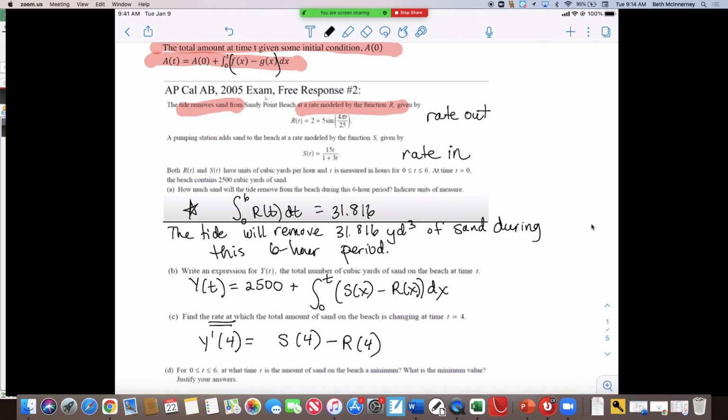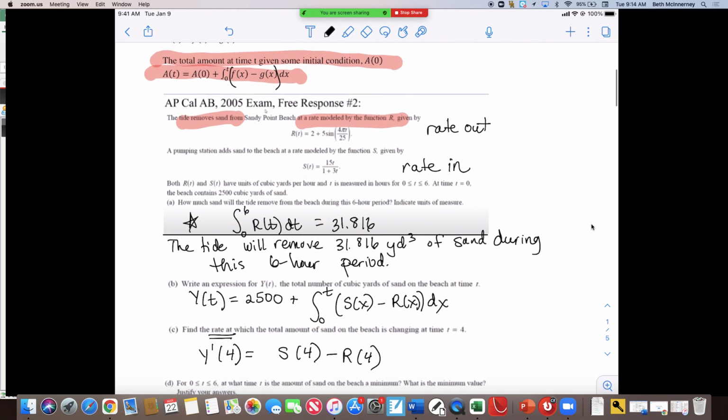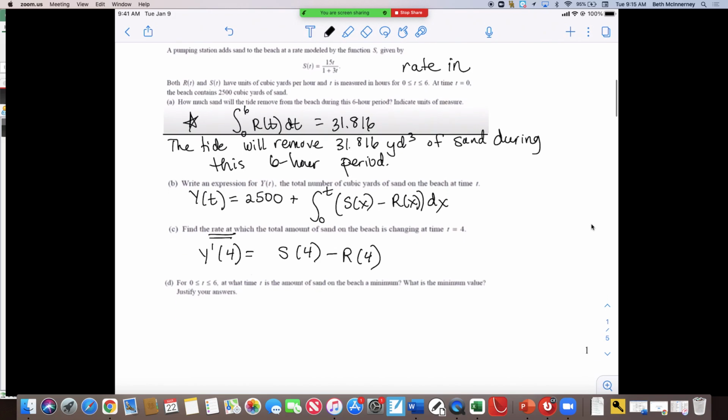So you're going to need your calculators and go compute S of 4 and R of 4, and then subtract. So let me give you a moment to be able to use your calculators. Have you ever used this, like a store feature, where you could put the expression in and then store different values? I can look for a video on how to do that.